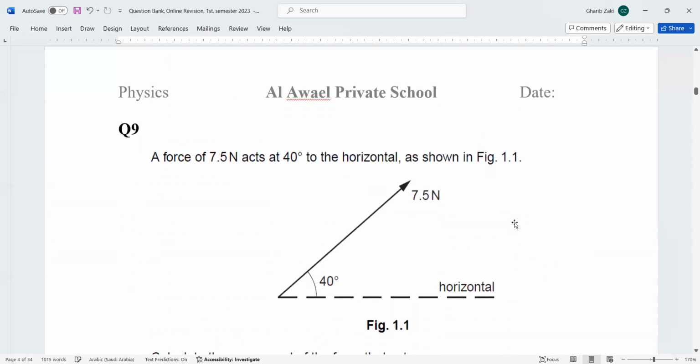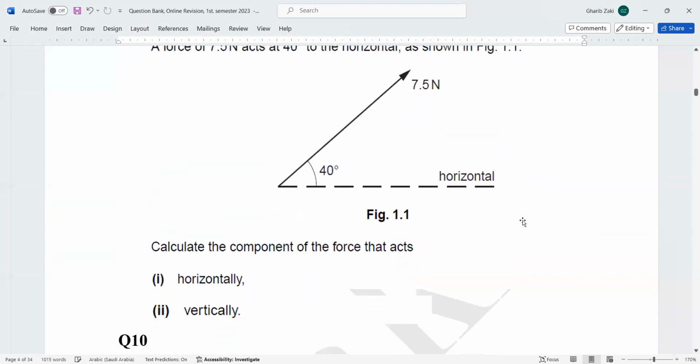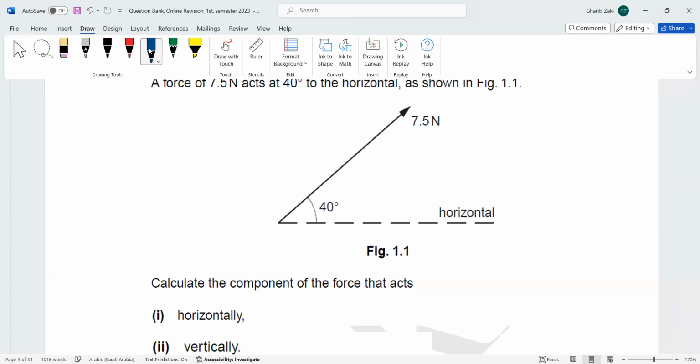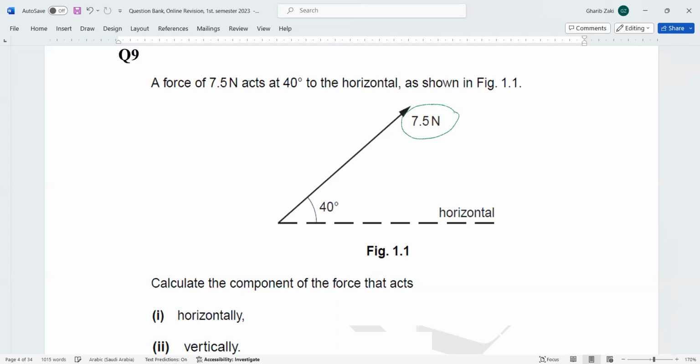Next question. A force acts; calculate the component of the force that acts horizontally. The same as we solved it before, we resolve the 7.5 Newton. Remember, near to the side is cosine, so it is 7.5 cosine 40 degrees, and vertical it is 7.5 sine 40 degrees.